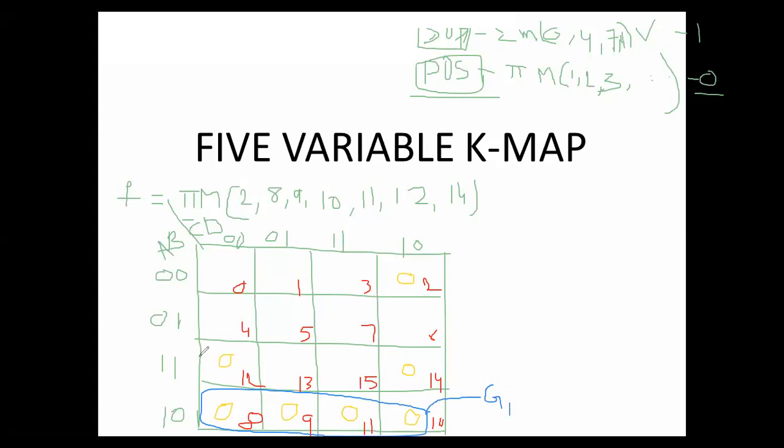Next, what about this 0 and this 0 here? Is there a quad possibility? Yes. How? These two zeros and these two zeros, adjacent: 12, 8, 14, 10. These are adjacent zeros. So this is group 2.